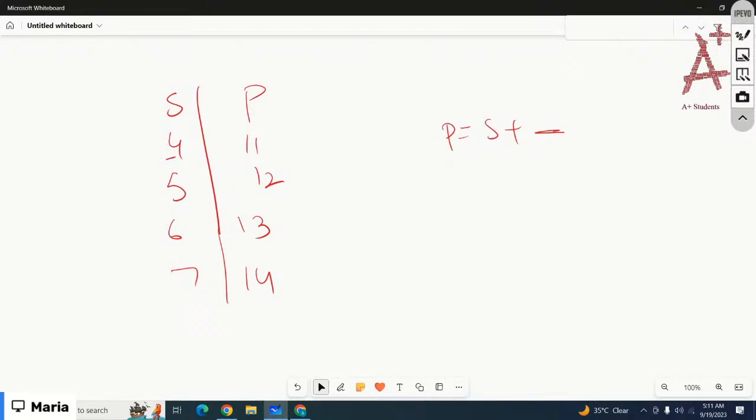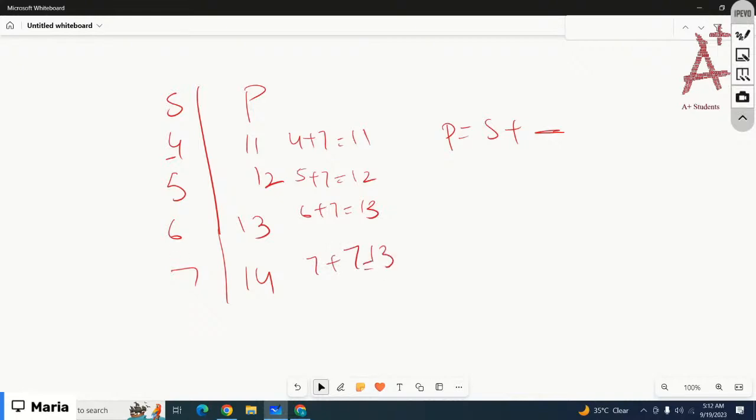Let's see, 4 plus what number makes 11? 4 plus 7 makes 11. 5 plus 7 makes 12. 6 plus 7 makes 13 and 7 plus 7 makes 14.